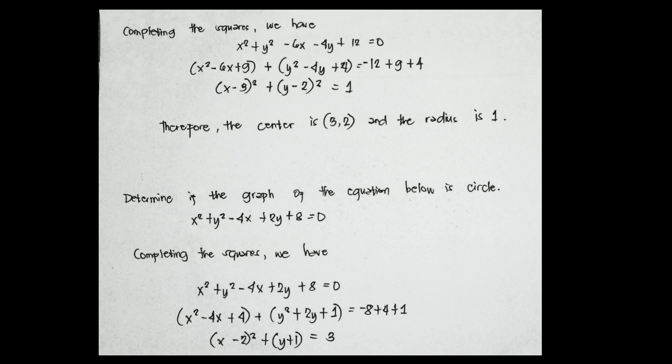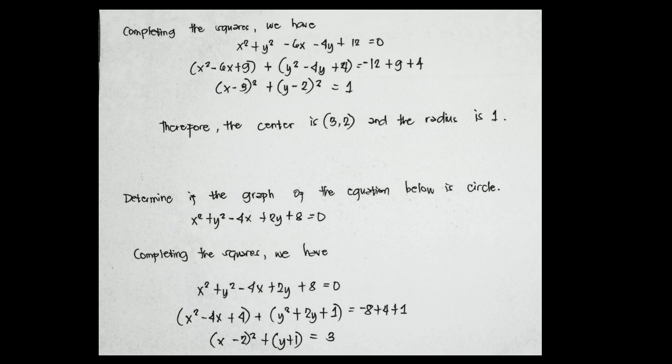So we are going to transpose this, so it would become negative 8, and then we're going to add the factor of 4x and 2y, which is 4 and 1. So let's simplify this. The factor of x squared minus 4x plus 4 is x minus 2 squared, and for y squared plus 2y plus 1, the factor of this equation is y plus 1.